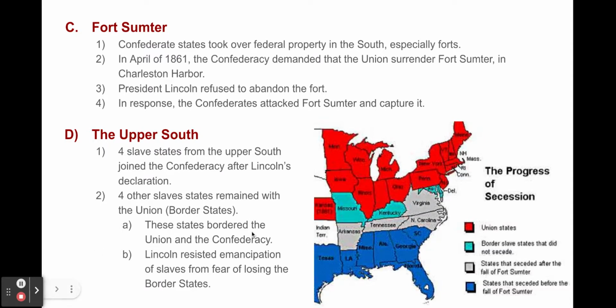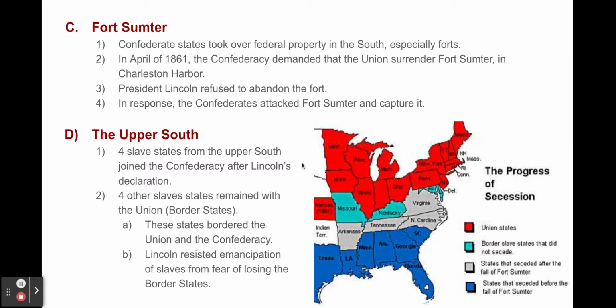But the remaining 4, Missouri, Kentucky, Delaware, and Maryland, will stay with the Union. And this was a major victory for the United States to keep the border states for military purposes. The Confederacy did not have their resources and their numbers supporting it in this military conflict.